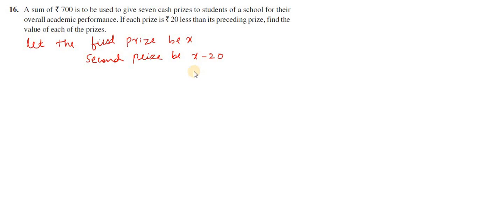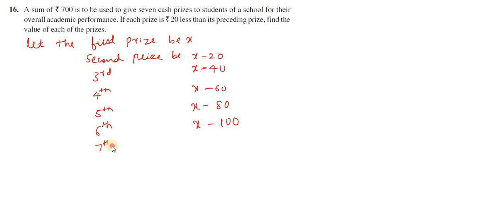Then the third prize is x minus 20 minus 20, that is x minus 40. The fourth prize is x minus 60. The fifth prize is x minus 80. The sixth prize is x minus 80 minus 20, that is x minus 100. Then the seventh prize is x minus 120, because each prize is 20 less.